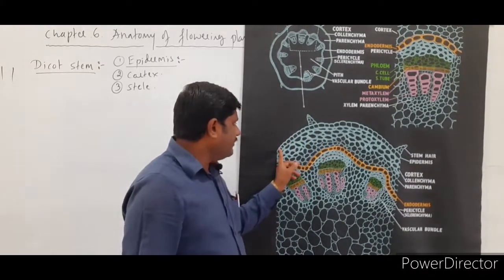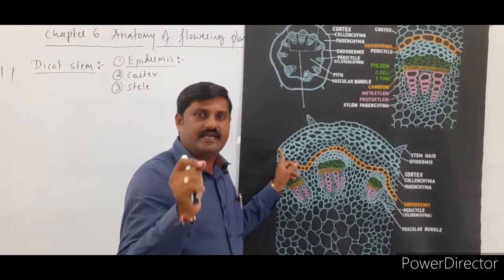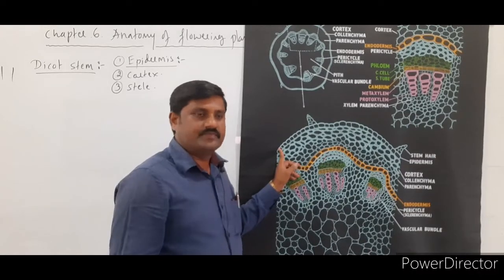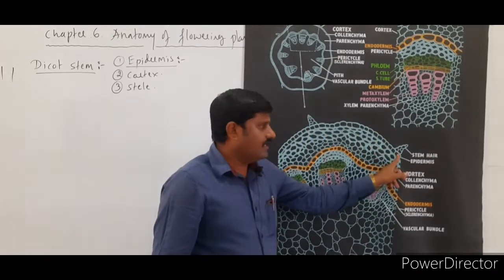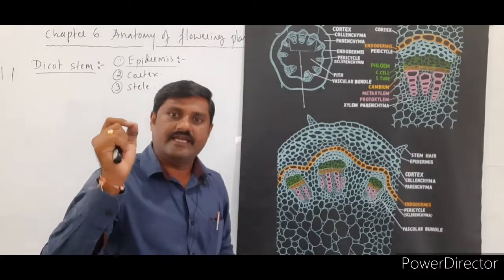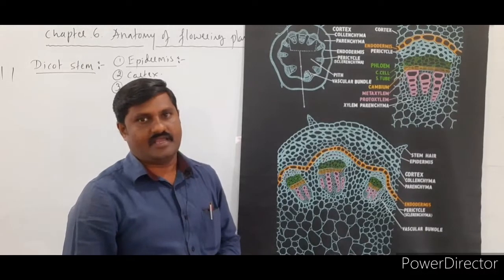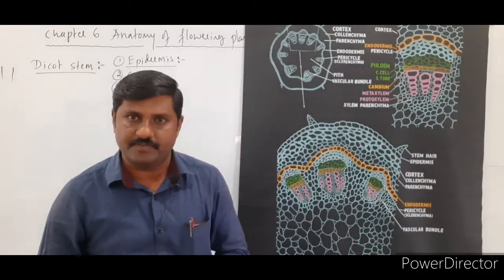Here the epidermis is an outermost single celled layer which is made up of rectangular shaped cells, attached side by side without intercellular spaces, and these cells are devoid of chlorophyll pigment.